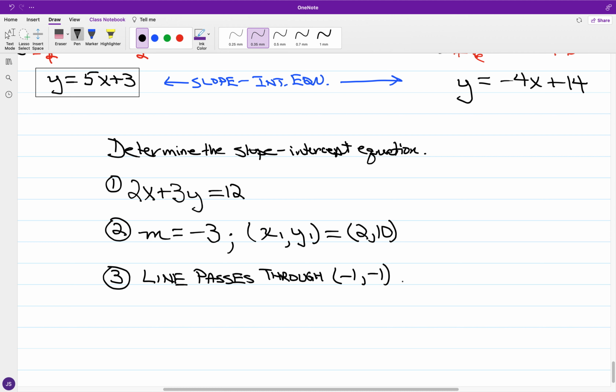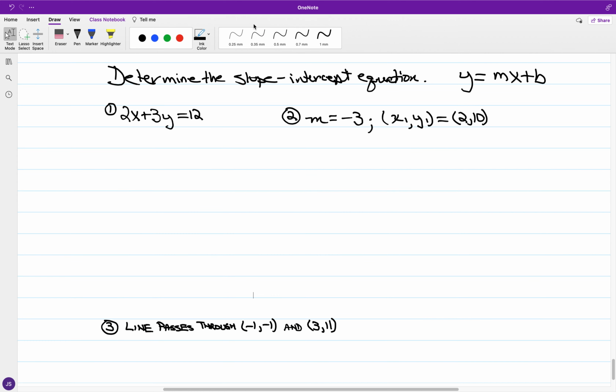So I have the line passing through (-1, -1) and (3, 11). So for the next few moments, let's see what the slope-intercept equation will be for each of these situations. I'm again talking about where we have y is equal to mx plus b.